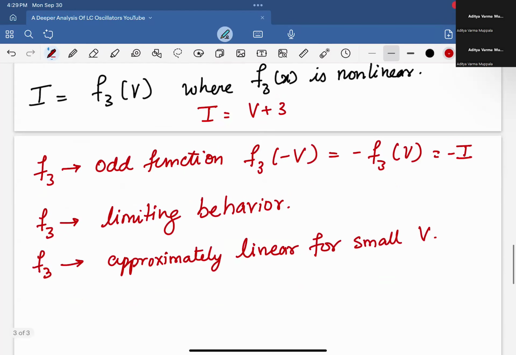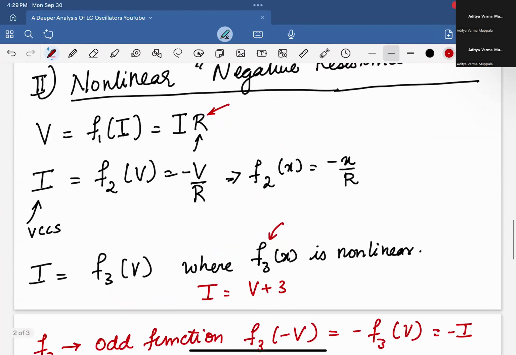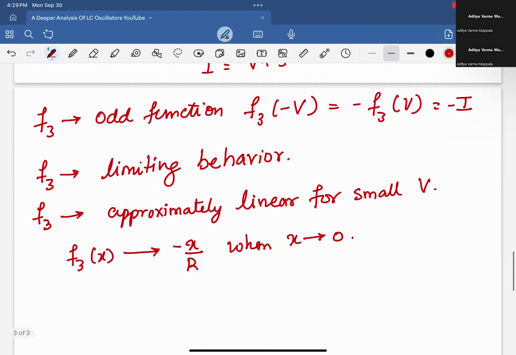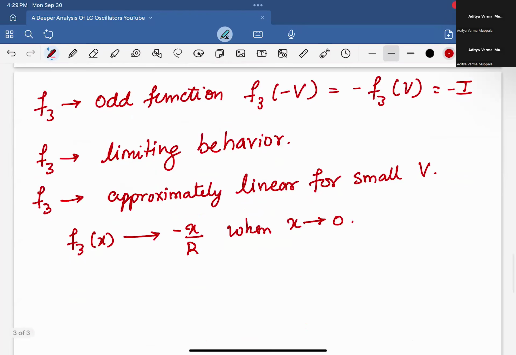So basically F3 of X should converge to minus X over R when X goes to 0. That's the mathematical way of saying this. Essentially, we want this to show up when the value of x is small. So these three are some reasonable properties to expect from this F3 function.